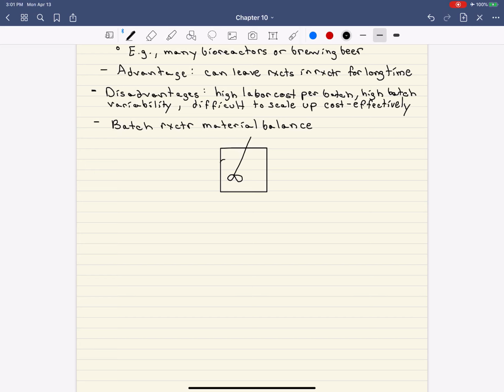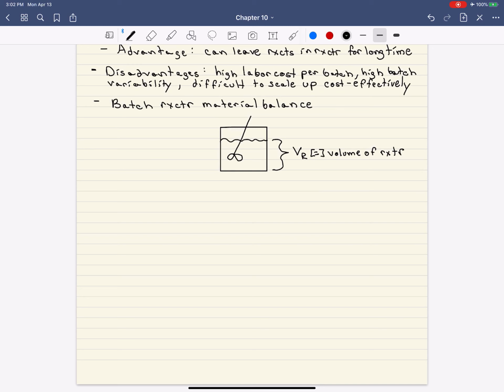And let's say we have a batch reactor full of some liquid reactant, okay? And what I'm going to say is that the volume of the reacting liquid in this reactor, I'm just going to say that's the volume of the reactor, and not really the volume of the vessel, okay?